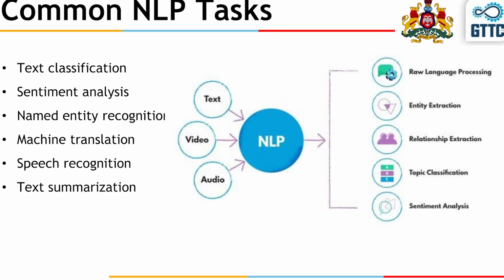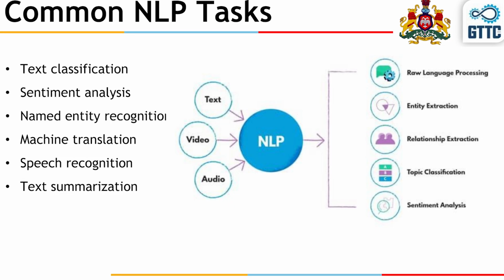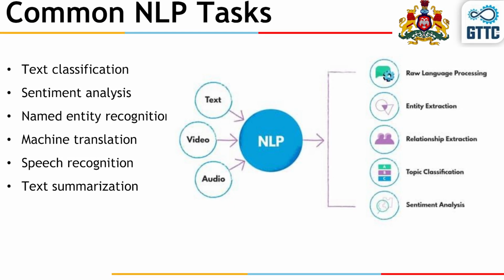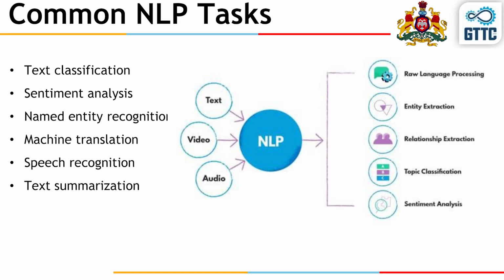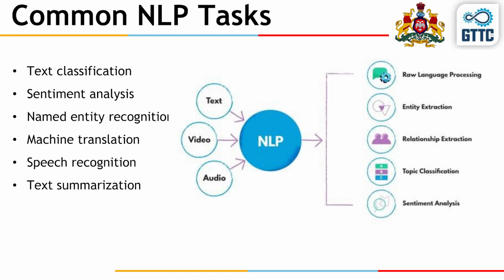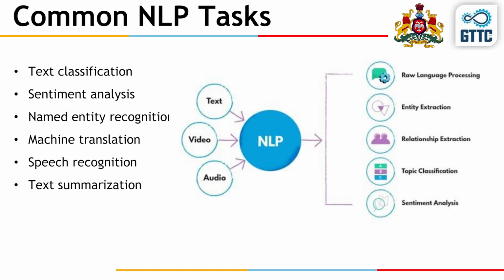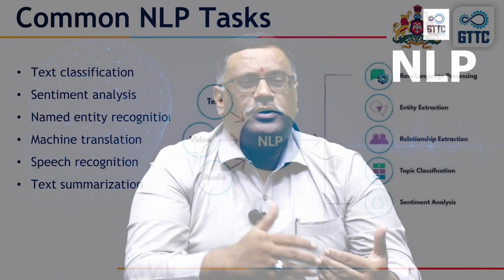The next component is machine translation. Very, very important. We are all using this. This task automatically translates text from one language to another language. For example, I want to translate from Kannada to English, or Kannada to Telugu, Kannada to Tamil.